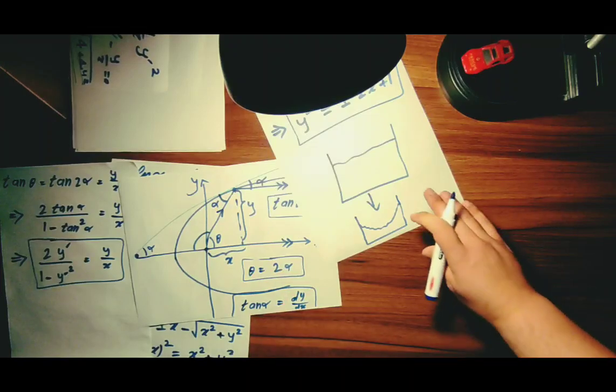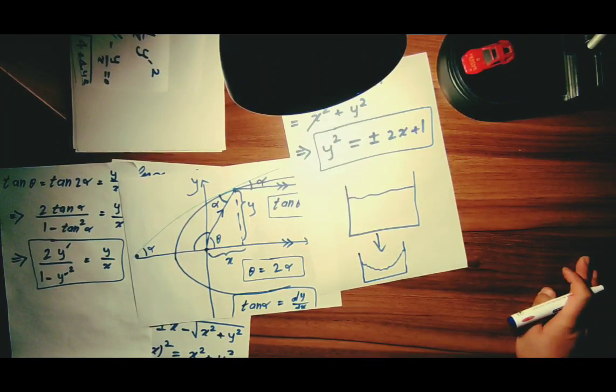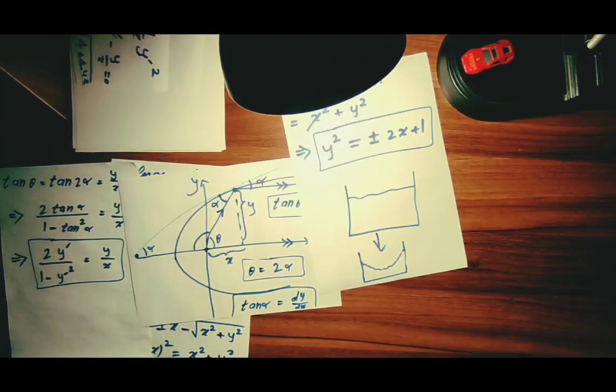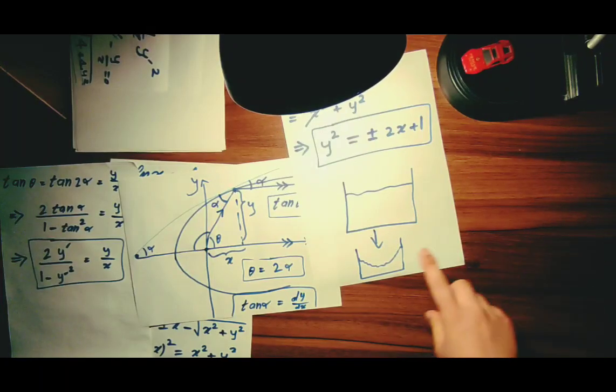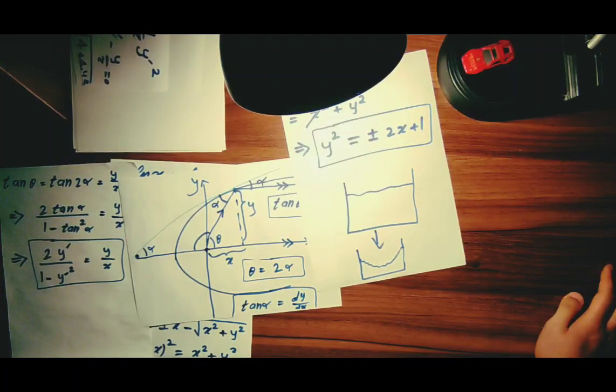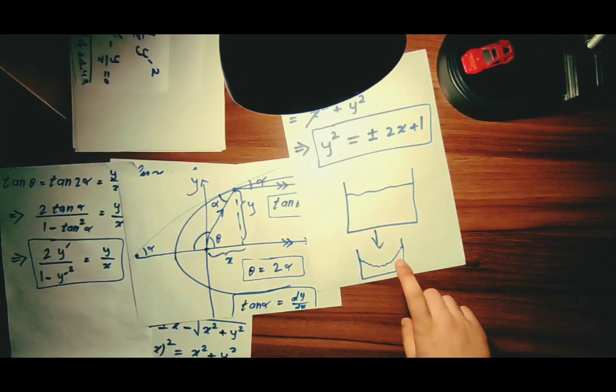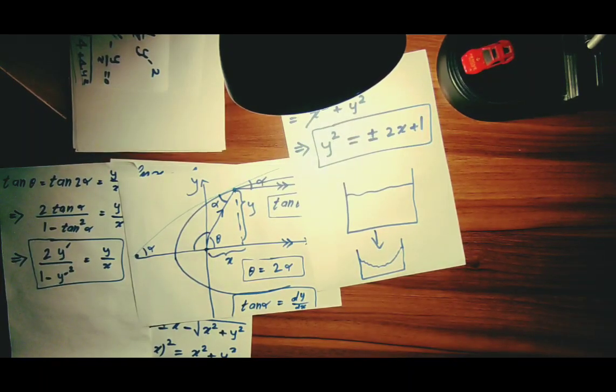Okay, what is this shape? This is a parabola too, and it is interesting. You can think on this problem, and next time, maybe another time, I will solve this problem for you too.